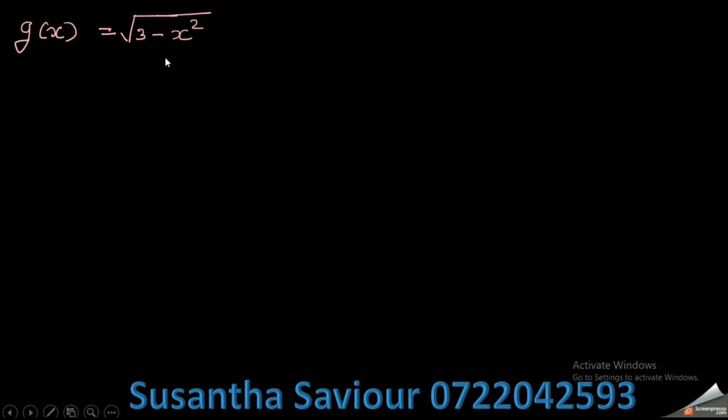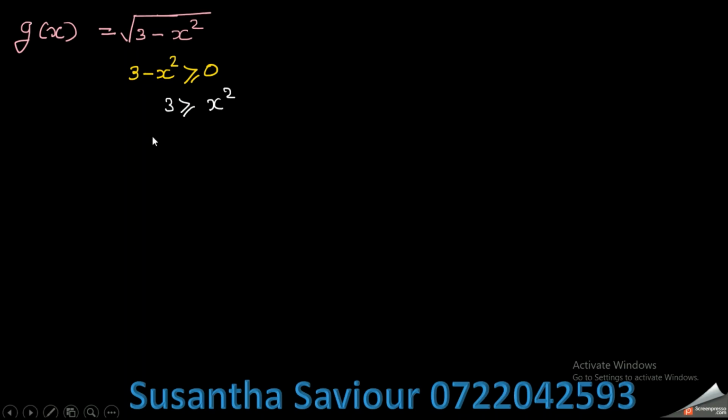Right, look at this. Again, we are going to use the same principle, but in the theorem, inside the square root has to be greater than or equal to 0. So 3 minus x squared is greater than or equal to 0. Therefore 3 is greater than or equal to x squared.